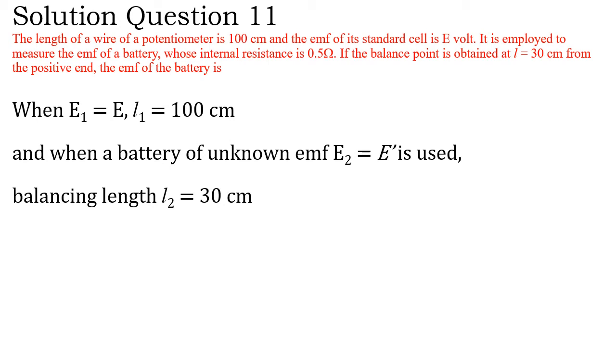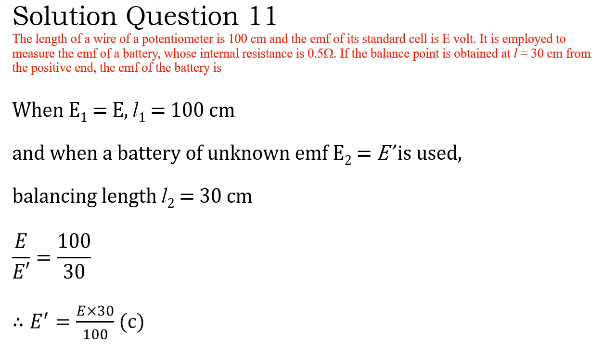So accordingly, here we'll make use of potentiometer principle, that is comparison of EMF of two cells. As you can notice, E by E dash is equal to 100 divided by 30. 100 is L1 and 30 is L2. So accordingly we'll get 100 by 30. Then if we cross multiply, then we'll get E dash is equal to E into 30 divided by 100. And this happens to be option C, my dear friends.